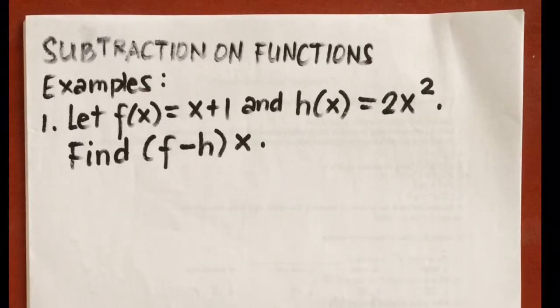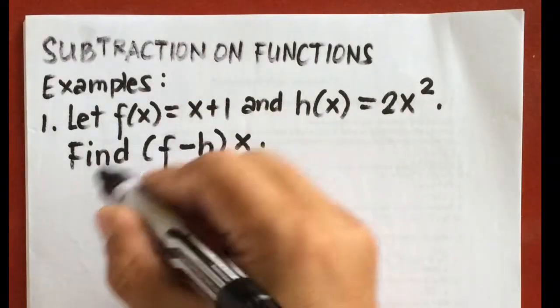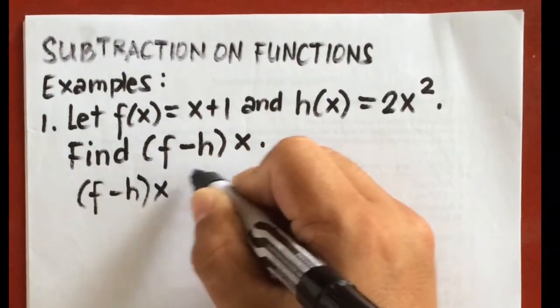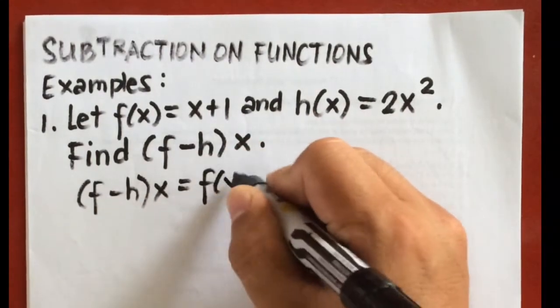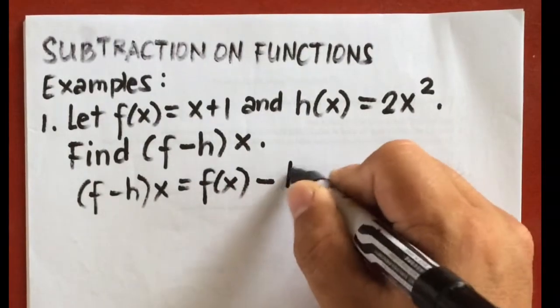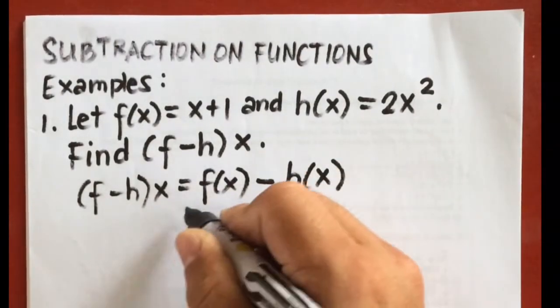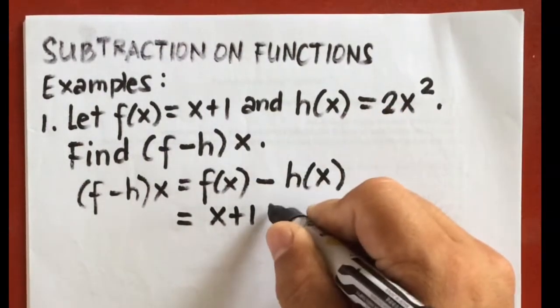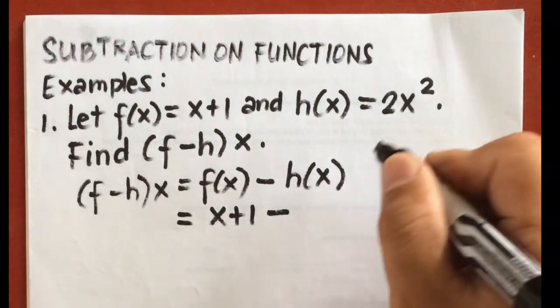Let's have some examples. Example number 1: let f(x) equals x plus 1 and h(x) equals 2x squared. We're going to find (f minus h)(x). Now in here we're going to follow the rules. (f minus h)(x) equals f(x) minus h(x). So we're going to have x plus 1, then minus the value of h(x), which is 2x squared.